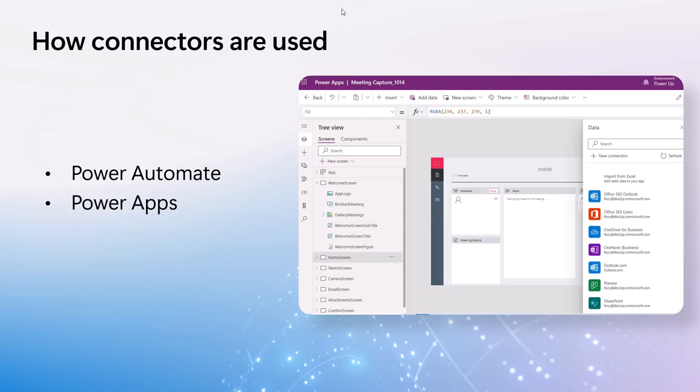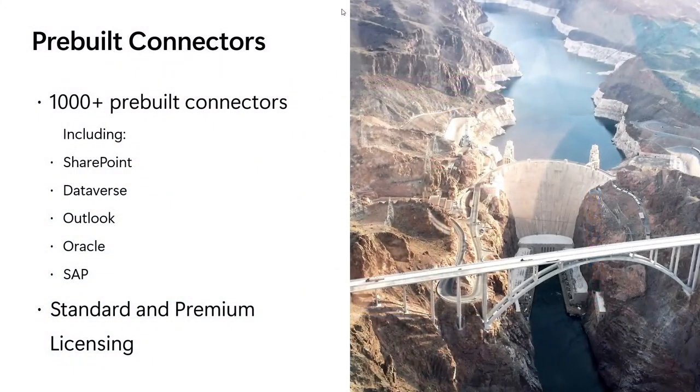Connectors can also be used in the context of Power Apps, where the Power App supplies in parameters and the trigger then performs its action. So there are over 1,000 pre-built connectors, including SharePoint, Dataverse, Outlook, Oracle, and SAP. And these have very specific triggers and actions associated with that connector.